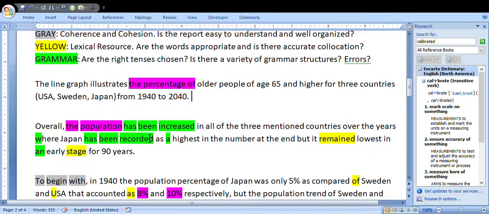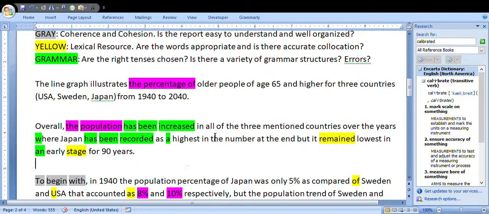Now, grammar. Here we have used the present perfect passive voice, and we do it twice consecutively. That's a repetitive structure. And can you tell me why you use the present perfect passive to seem impressive? It doesn't work here. Increase, in most cases, is an intransitive verb.